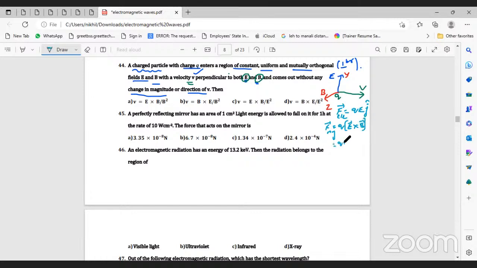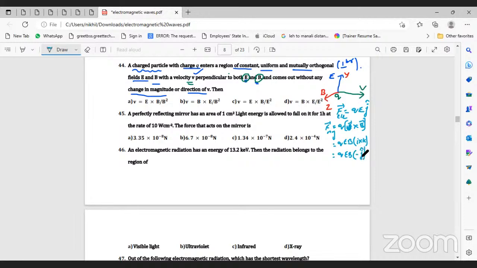V is acting along I and B is acting along K, so it should be I cross K. So Q, V, B. What is I cross K?